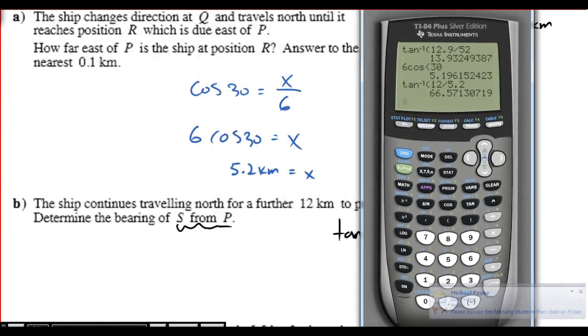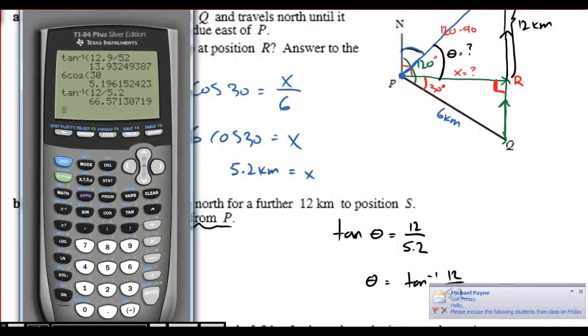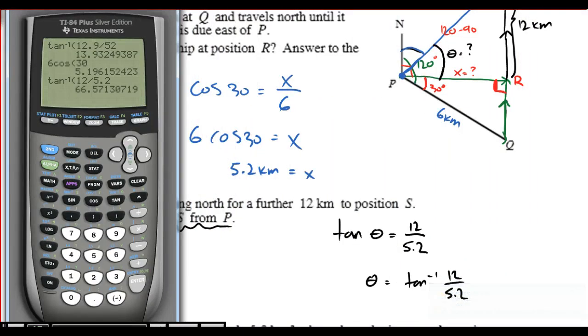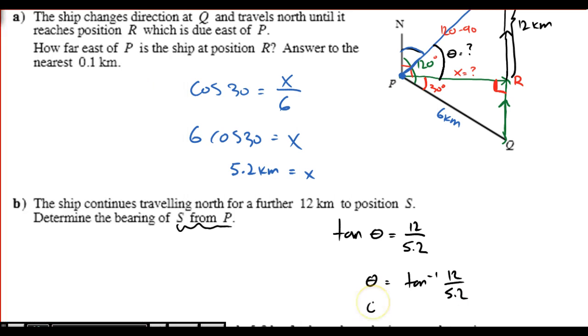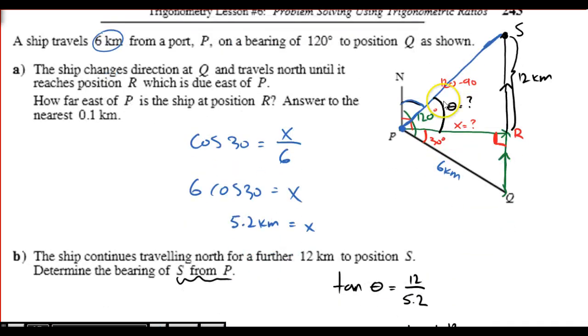On your calculator, inverse tan 12 divided by 5.2, and you get 66.6 here. Let's measure it to the nearest degree, so that's going to be about 67. Theta equals 67 degrees, and that makes sense. That looks about a 66 degrees there.